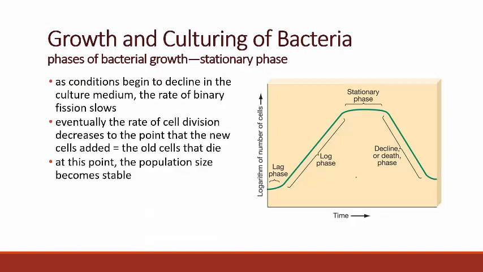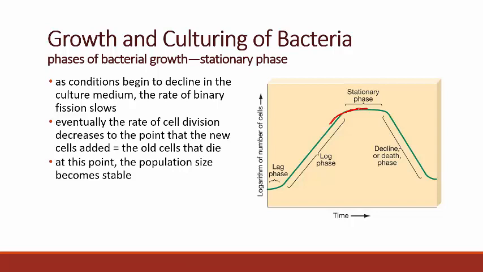Okay, so as conditions degrade in the culture, the rate of growth changes, and we see a leveling off in the number of cells found in that culture. This occurs because the rate at which the cells are dividing is going to slow.